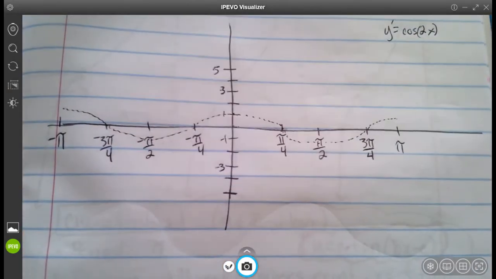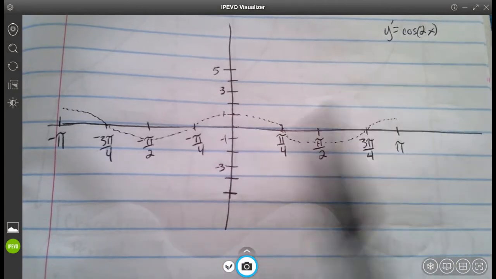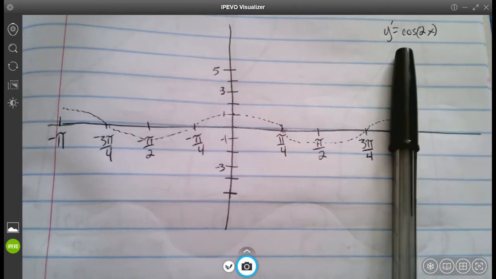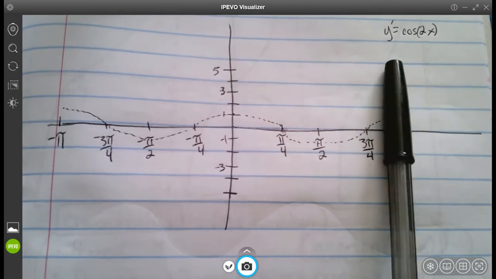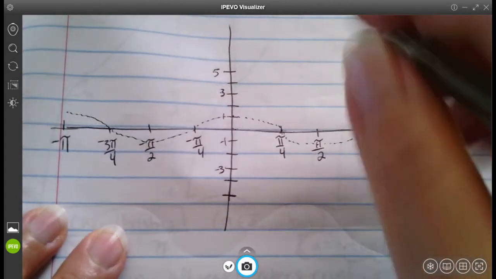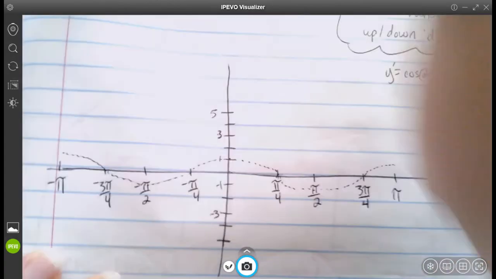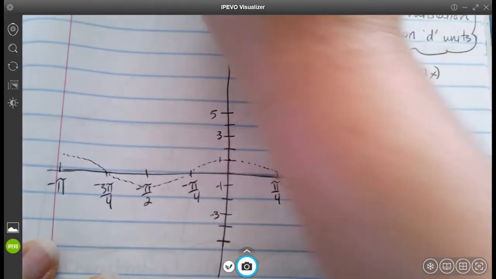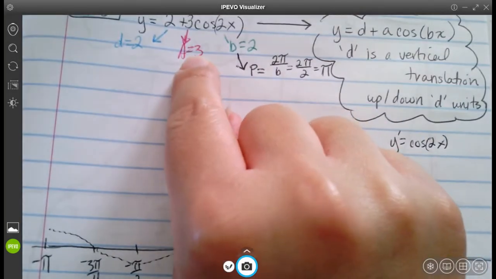All right, so there's our somewhat OG for this with a period of pi. That's why I say when you're dealing with B, you kind of want to work it a little bit differently, just because it does work a little bit different. Okay, we're going to apply the transformations now. So I have an amplitude of 3. Let's do that one first.